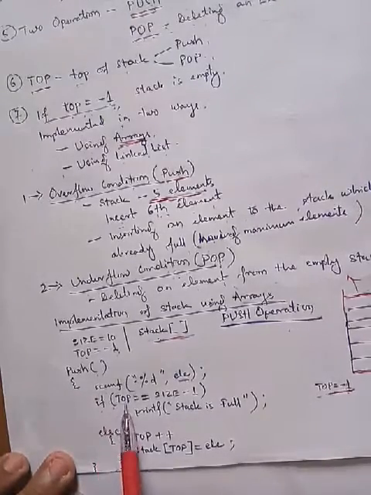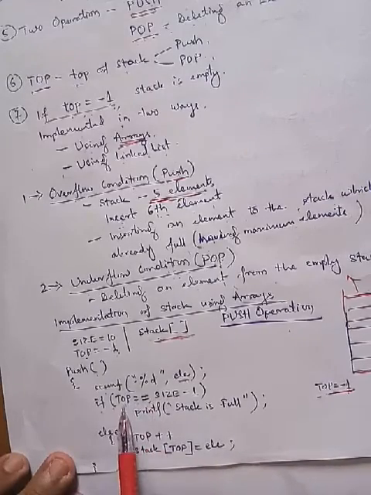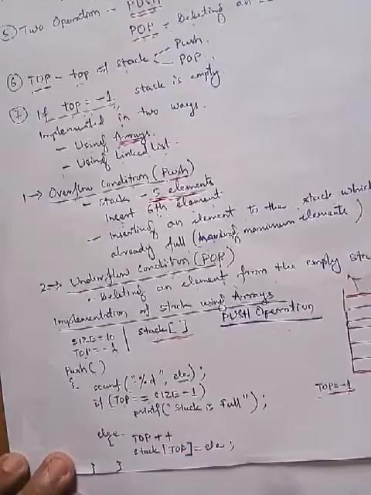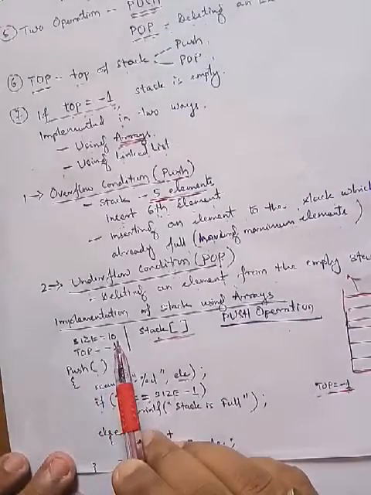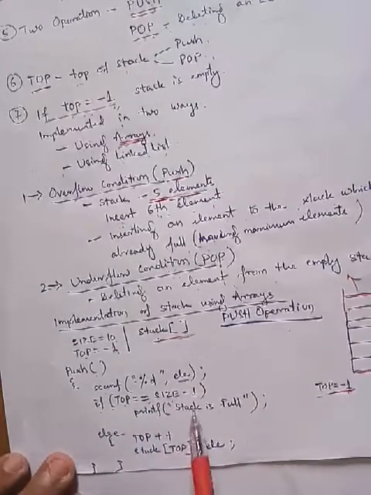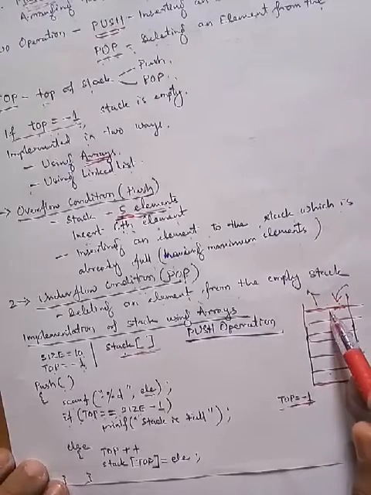Now if top is equal to, double equal to, size - 1, size is how much? Size is 10. So if top is equal to 9, that means the stack is full. That means this stack contains the full number of elements, that is 10 elements.